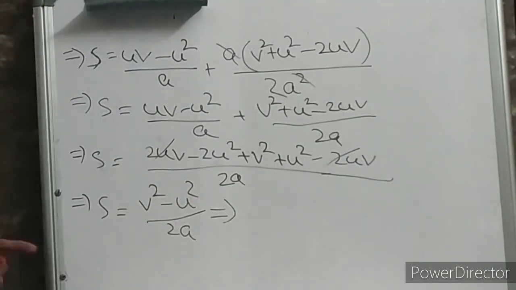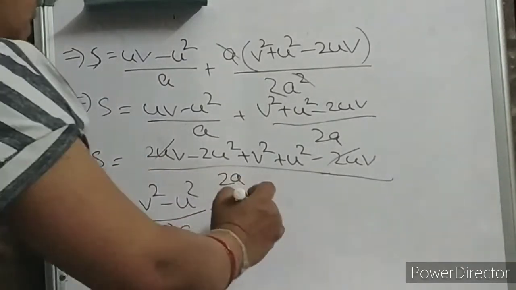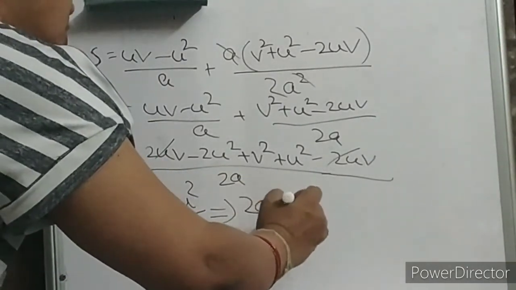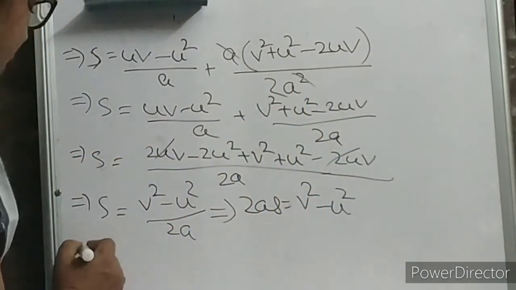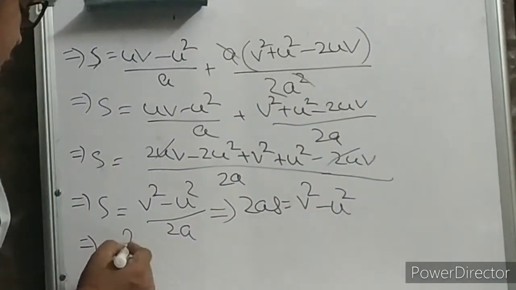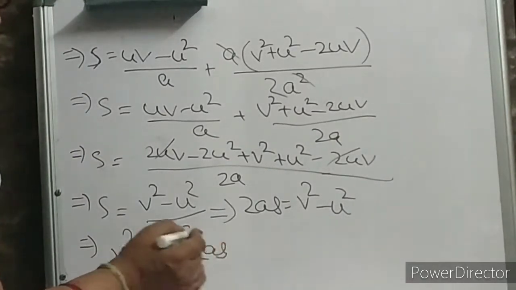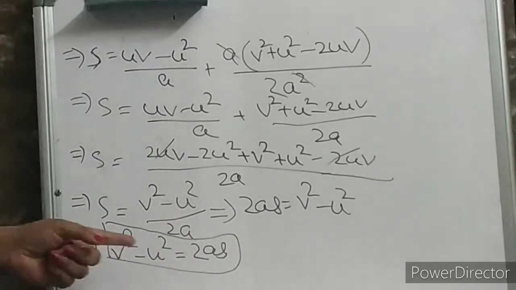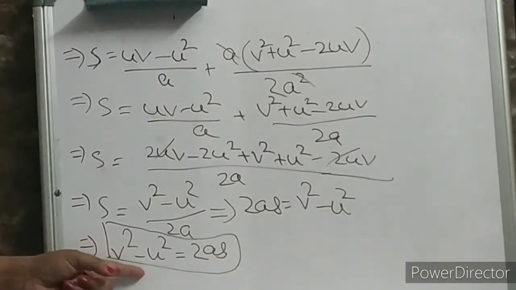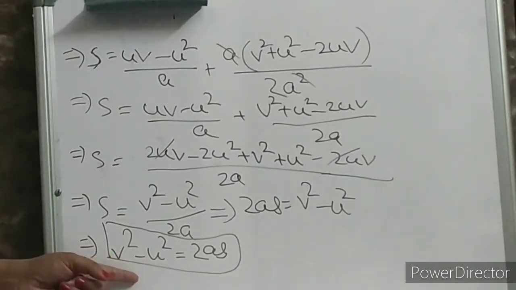Clear children? Now just cross multiply. So what you are going to get? 2AS is equal to V square minus U square, or simply you can write V square minus U square is equal to 2AS. Now finally we got the equation. Can you people view this equation, the last equation?